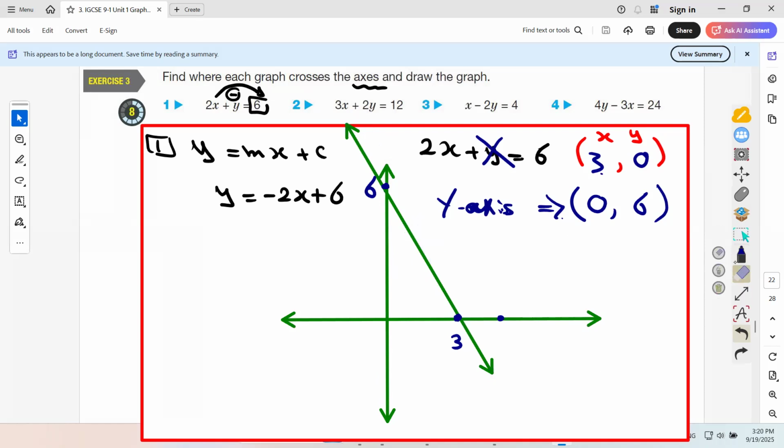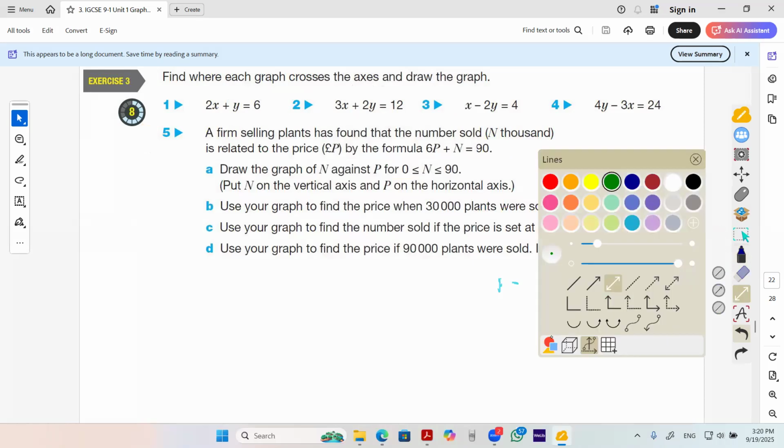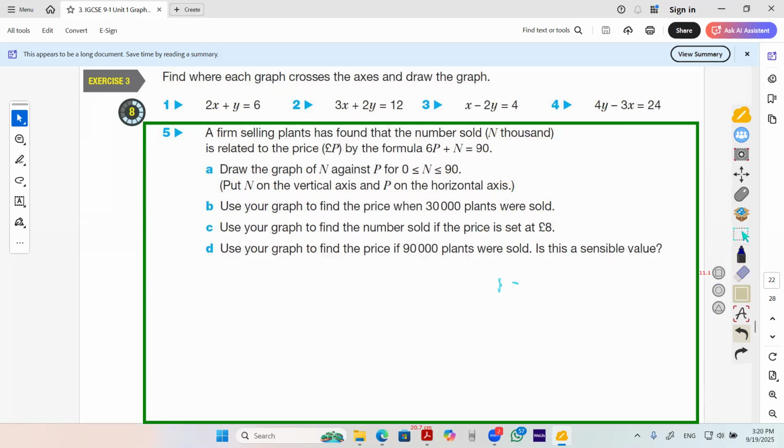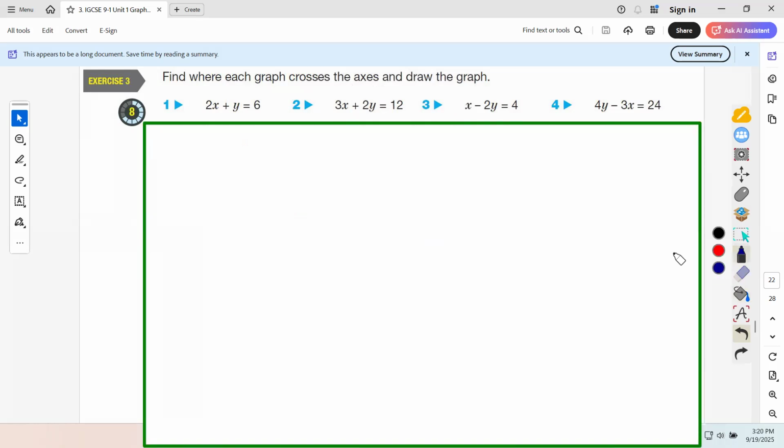What about number 2? You do y equals mx plus c. Nice.